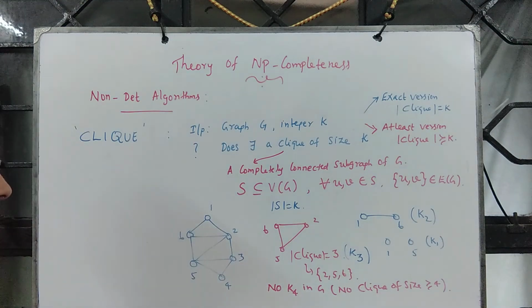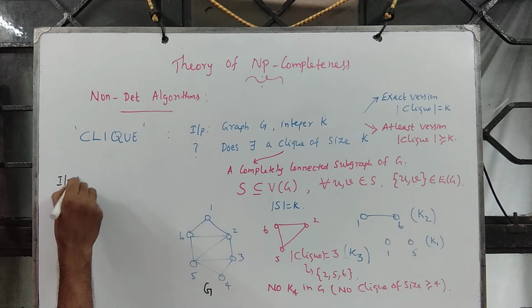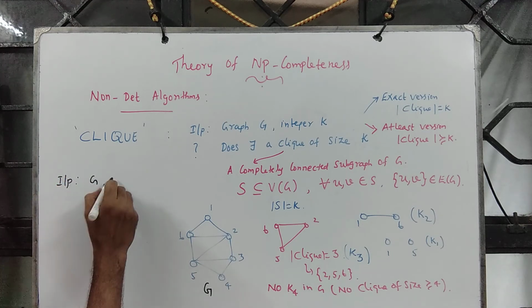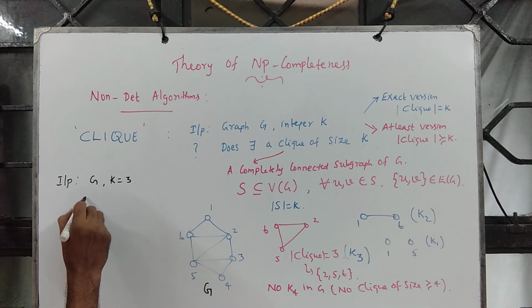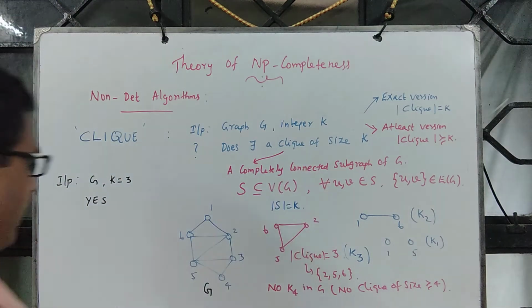Fine. Now one may ask this question. Let's assume this is G. So input is G comma K equals 3. The solution to this is yes, because the question says, does there exist a clique of size K?